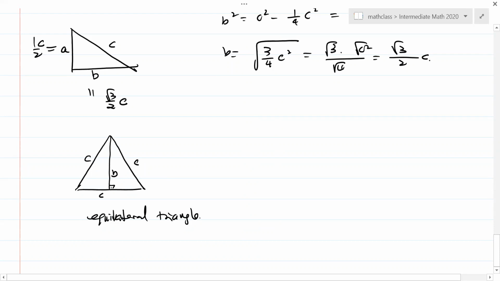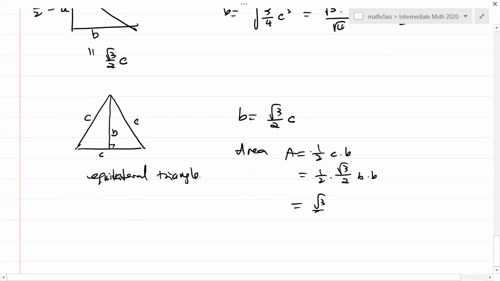And I know that B is square root of 3 over 2 times C. So the area is going to be 1/2 of C times B. Then you will get square root of 3 over 4 times C squared.